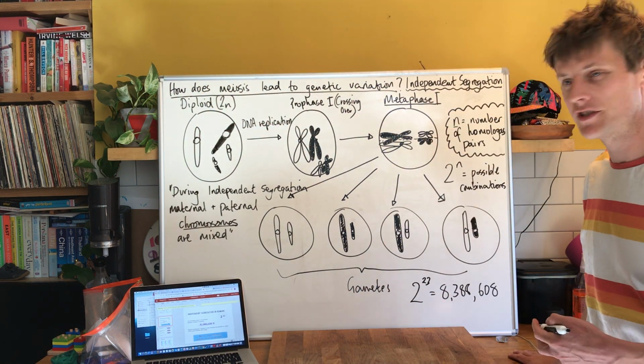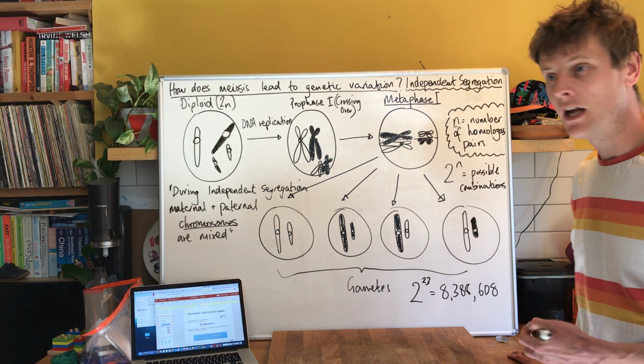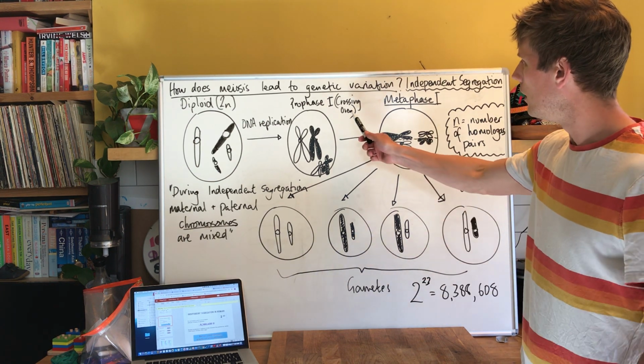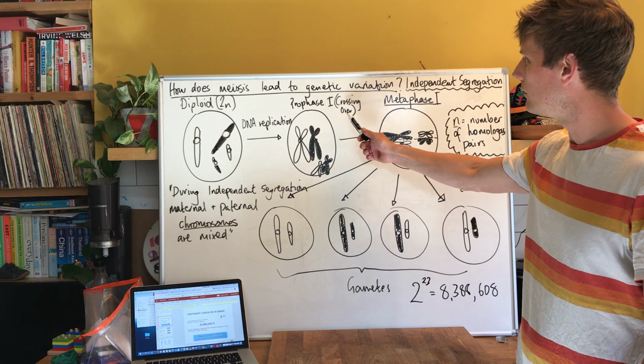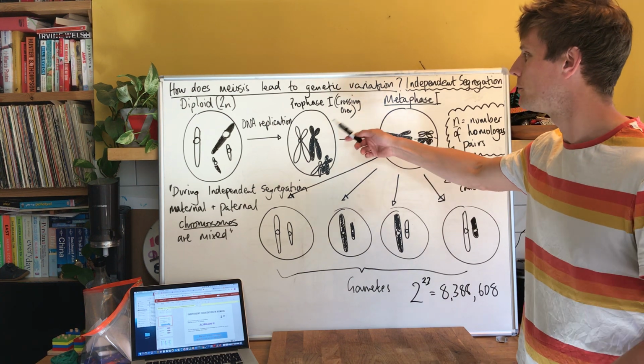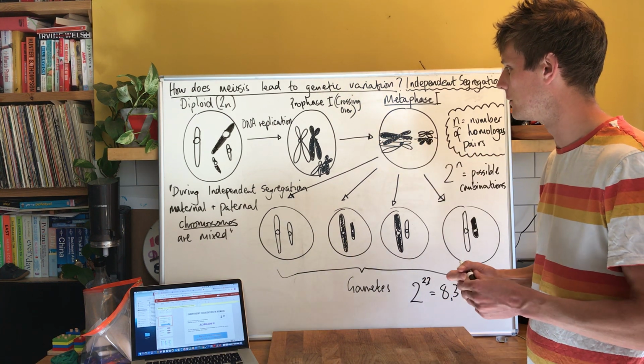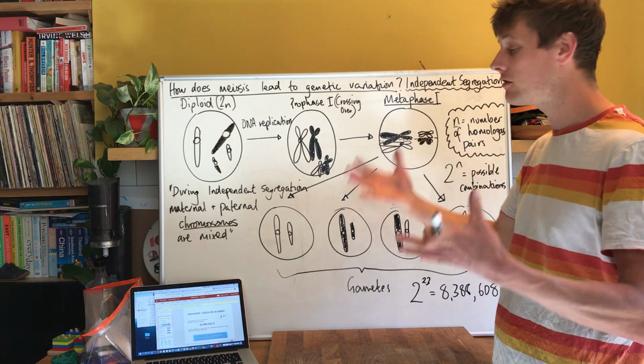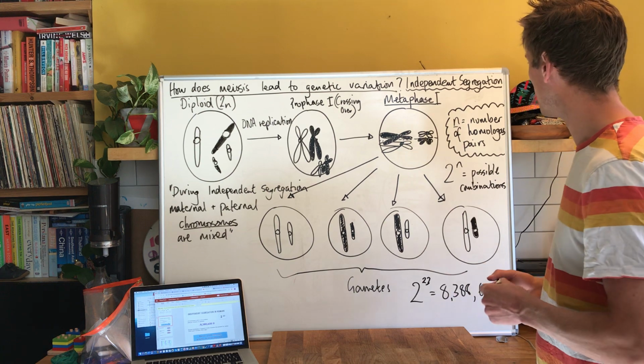And that increases the genetic variation. If you then combine that with the possible exchange of alleles between the maternal and paternal chromosomes during crossing over, we've again increased the genetic variation.